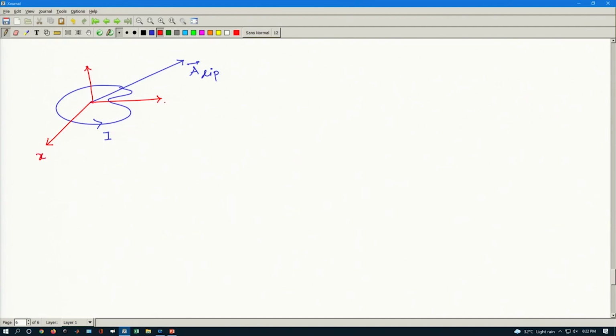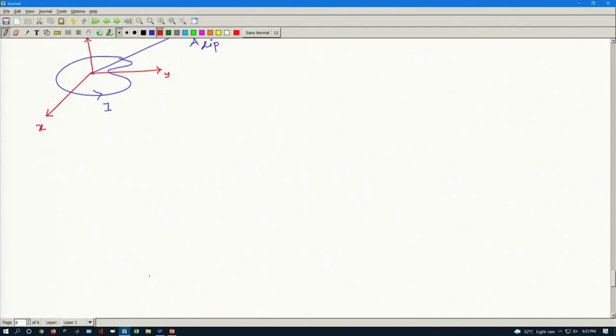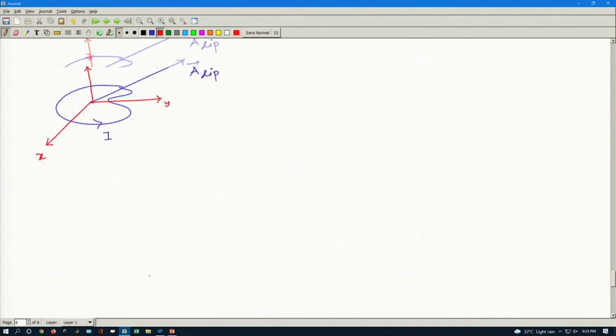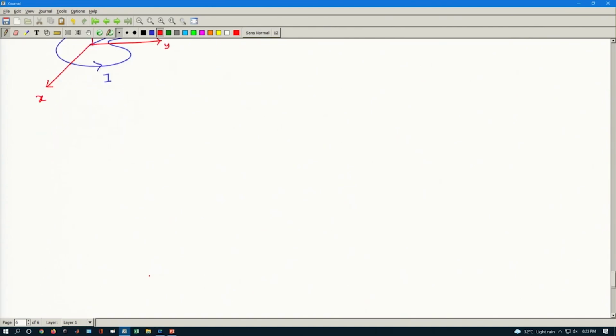This current loop, which behaves like a dipole, can produce a magnetic vector potential with the dipole contribution. Now, this dipole potential can give rise to some magnetic field.